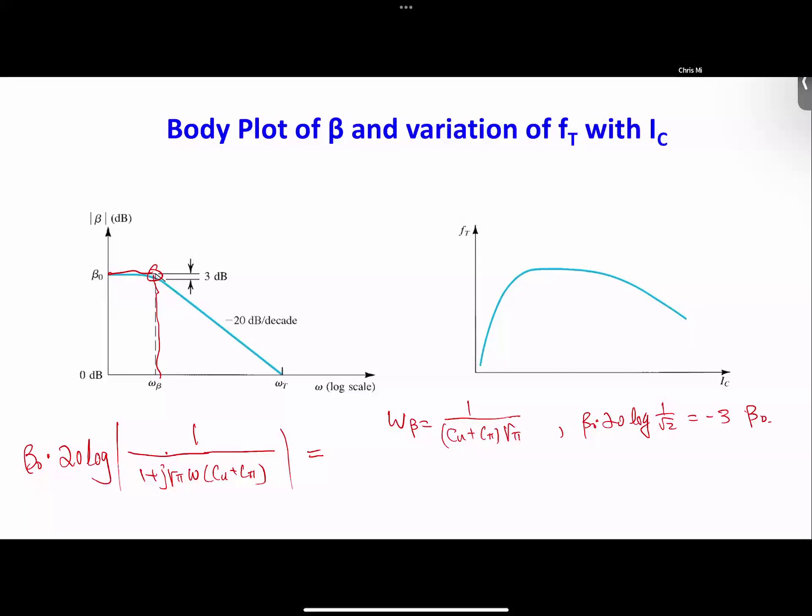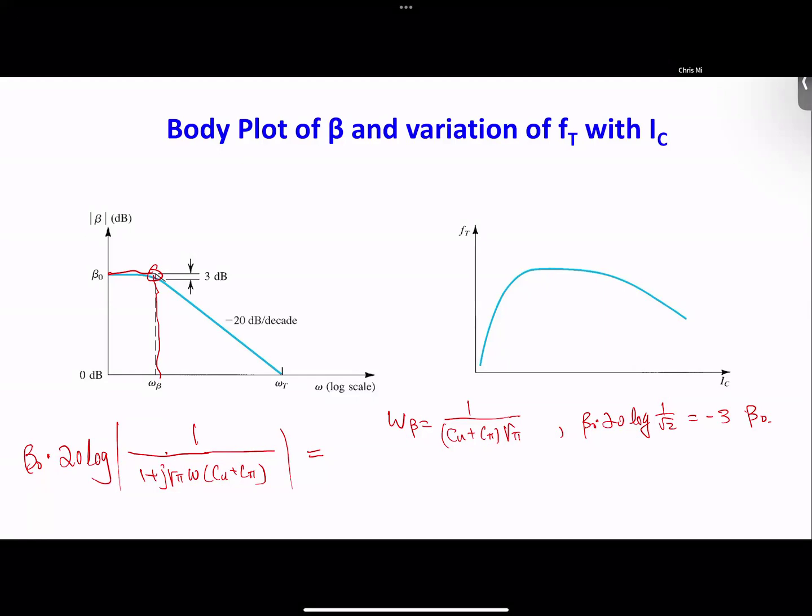Because when omega is big enough, this term is so large, say 10 times larger than 1, that in a Bode plot we can neglect the 1. So this whole thing is inversely proportional to omega, which means for every 10 times increase, this line is going to drop 20 dB.